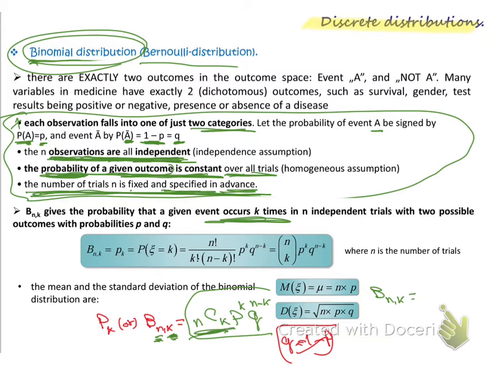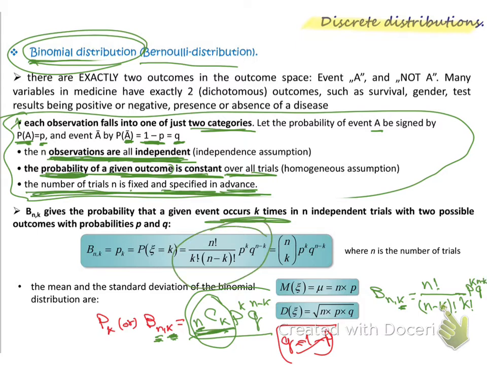N C K equals what? It will be equal to N factorial divided by N minus K factorial, times K factorial. This is N C K. You remember? Times P of power K, Q of N minus K. And this is the formula.